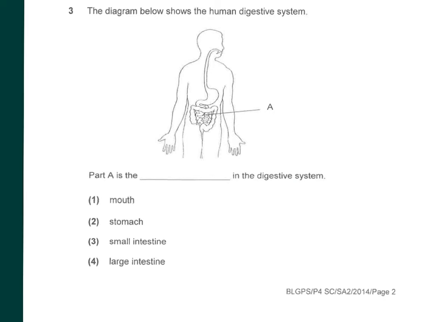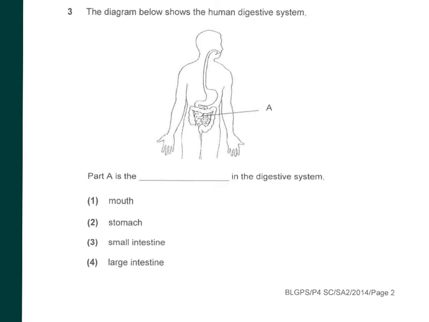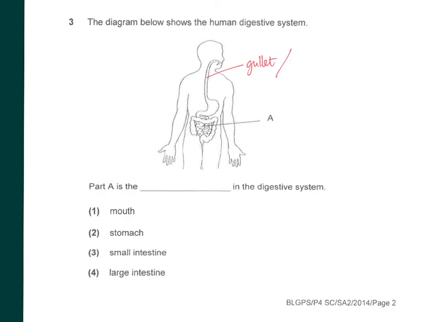Question 3, the diagram below shows the human digestive system. Here are the different parts of the digestive system, and they're asking you what is part A. Let's run through the different parts first before revealing the answer. The first one, connected to the mouth, is the gullet. Some of you may be able to tell me this is also called the esophagus. Next we have the stomach.